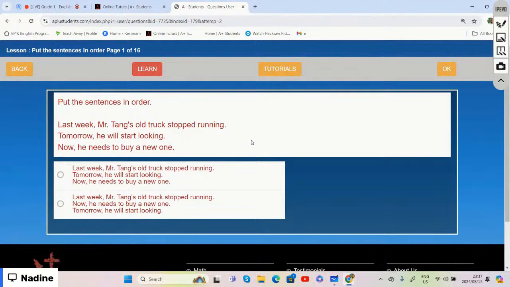It says last week Mr. Tang's old truck stopped running. Tomorrow he will start looking. Now he needs to buy a new one. All right.